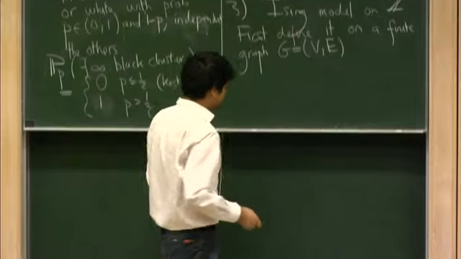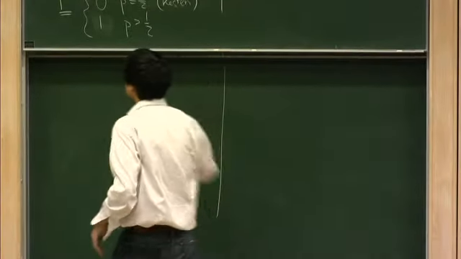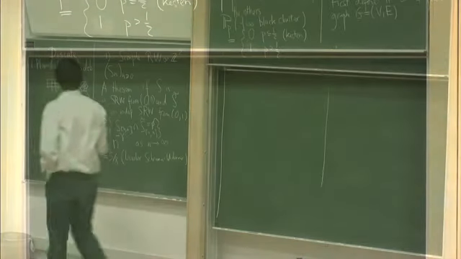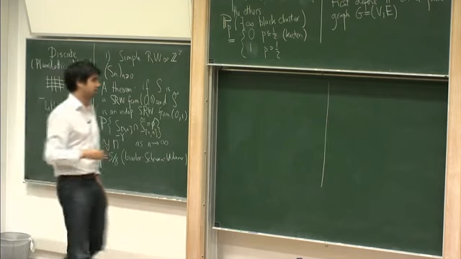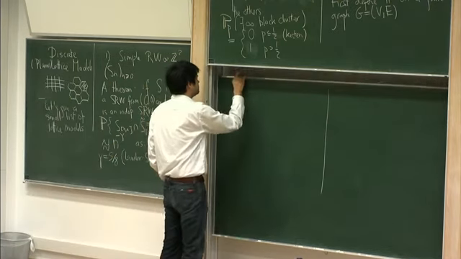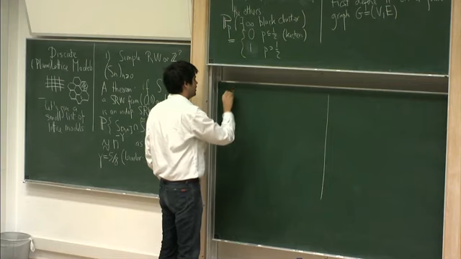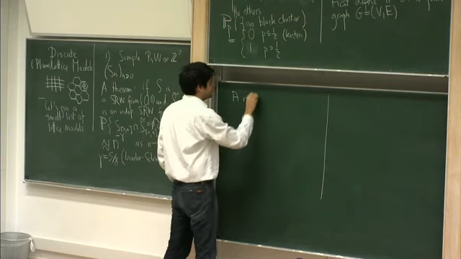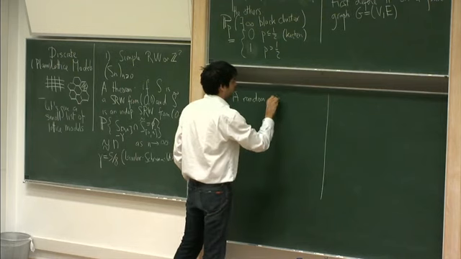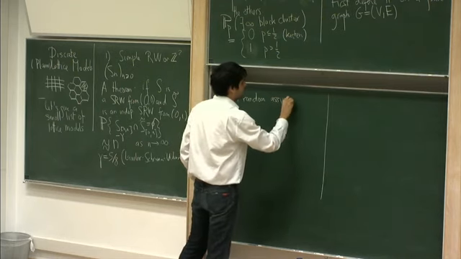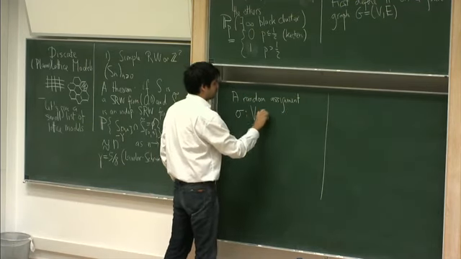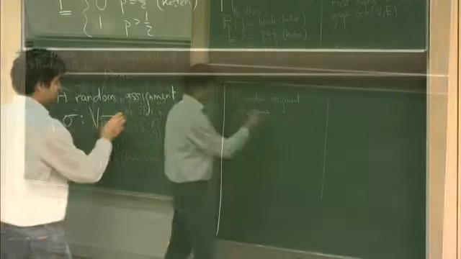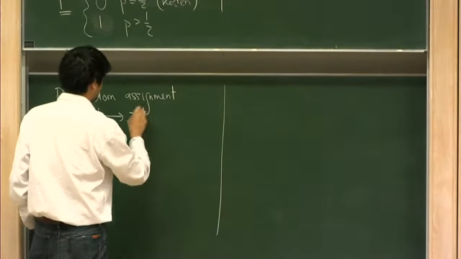So what is the definition? So the idea is that on every vertex of the graph, you put a +1 or a -1. So it is a random assignment, sigma, from the vertices of the graph to +-1.